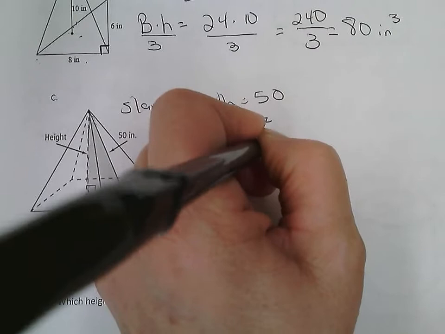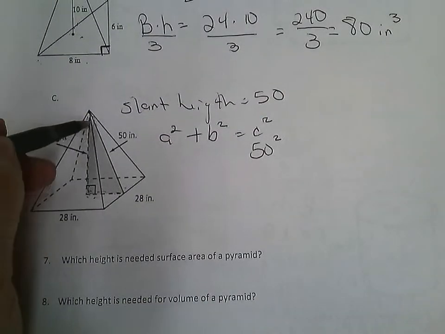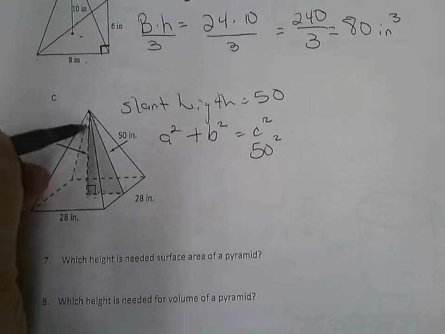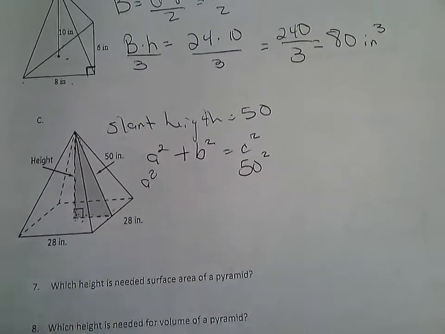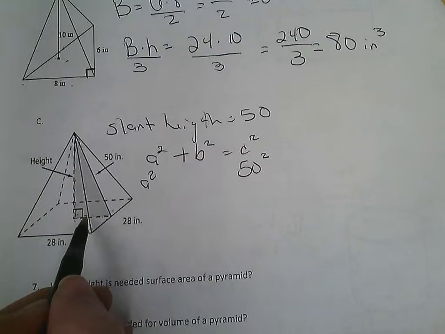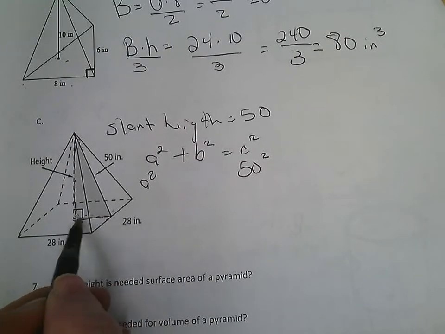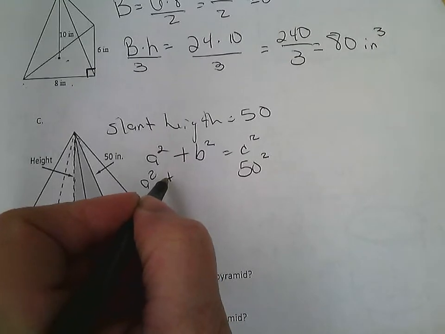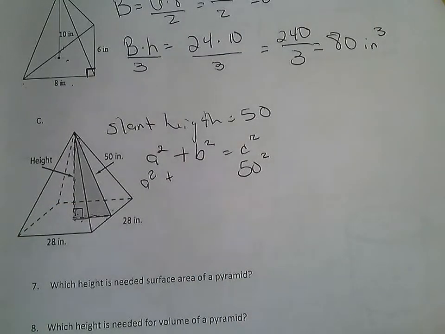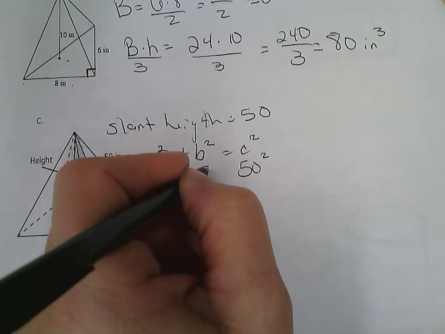So this is 50 squared. The tall one here is A squared. And this right here is the length that we can figure out. It's half of 28. Half of 28 turns out to be 14 squared.